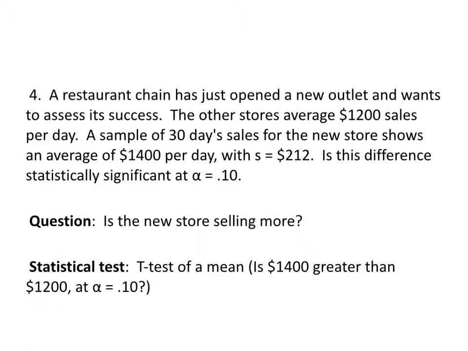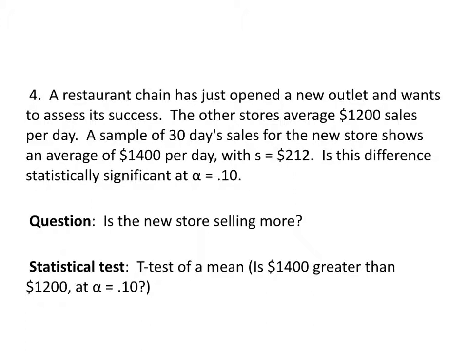Problem 4. A restaurant chain has just opened a new outlet and wants to assess its success. The other stores average $1,200 in sales per day. A sample of 30 days sales for the new store shows an average of $1,400 per day with a standard deviation of $212.